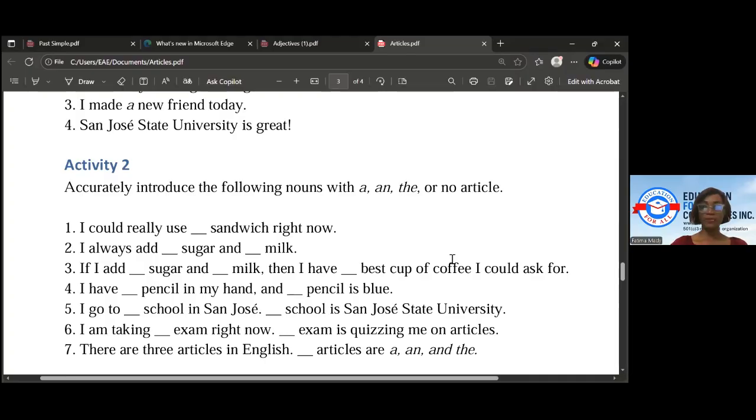For the last sentence, Karim: there are 3 articles in English. The articles are A, an, and the. Great. So there are 3 articles in English. The articles are A, an, and the. That was good. That was a great one.